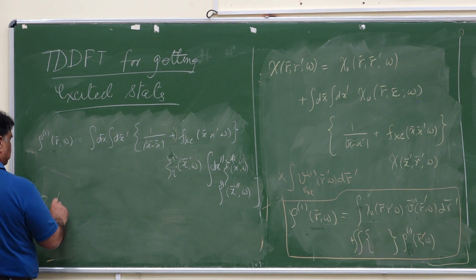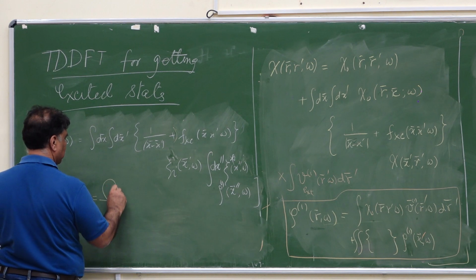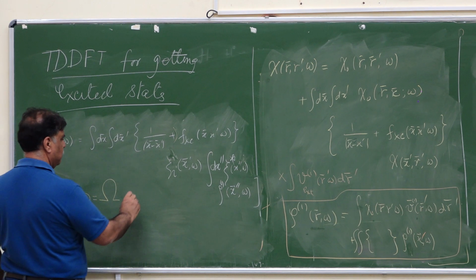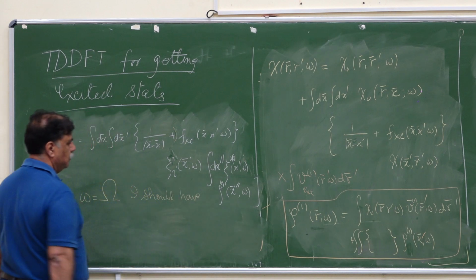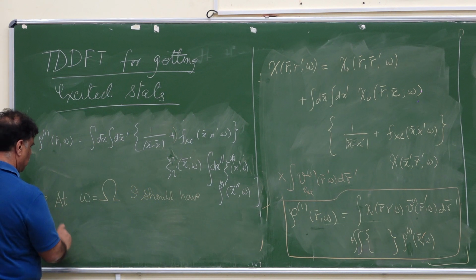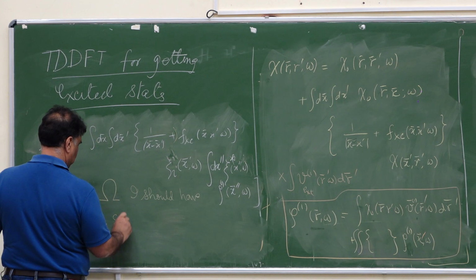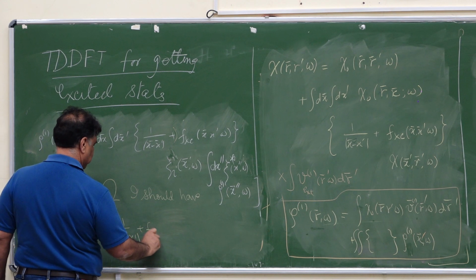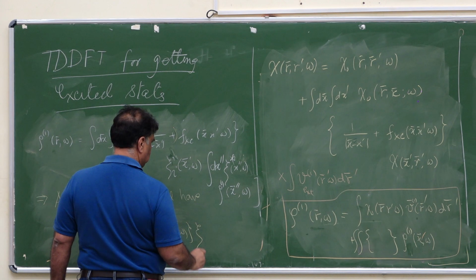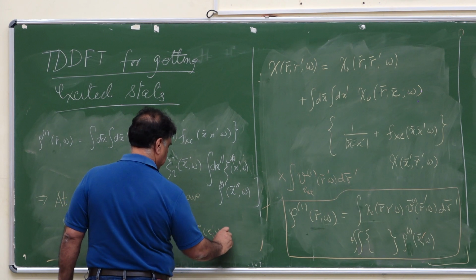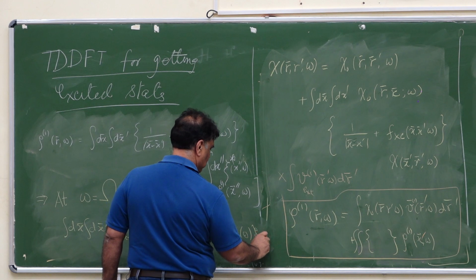that at omega equals capital omega, I should have this equation: integration dx prime, 1 over mod x minus x prime plus fxc x x prime omega, zeta I x prime omega is equal to some function lambda omega times zeta I x omega.